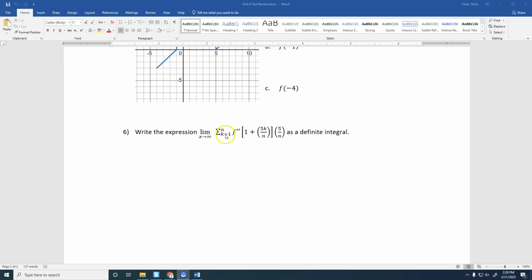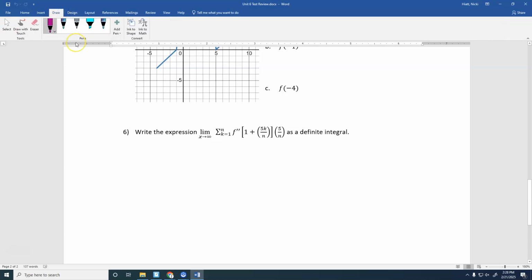So if you've got a summation from 1 to n of f double prime of 1 plus 5k over n times 5 over n, the thing to remember about this is that n equals your number of rectangles.